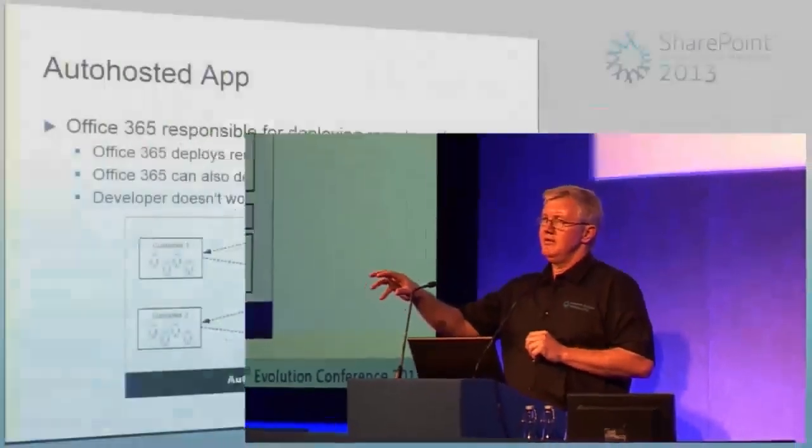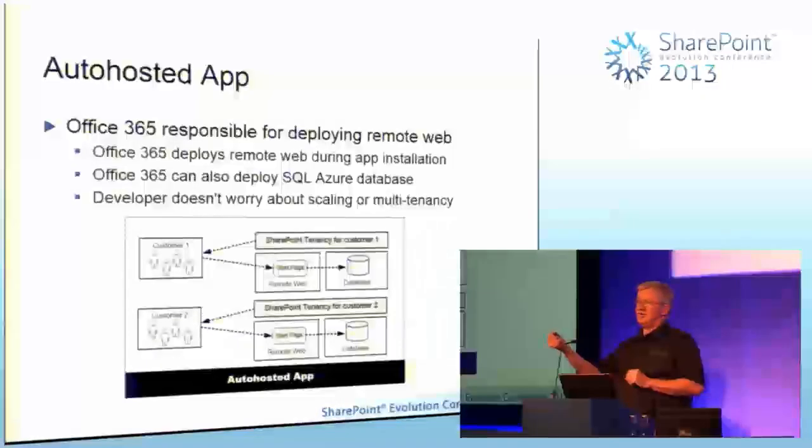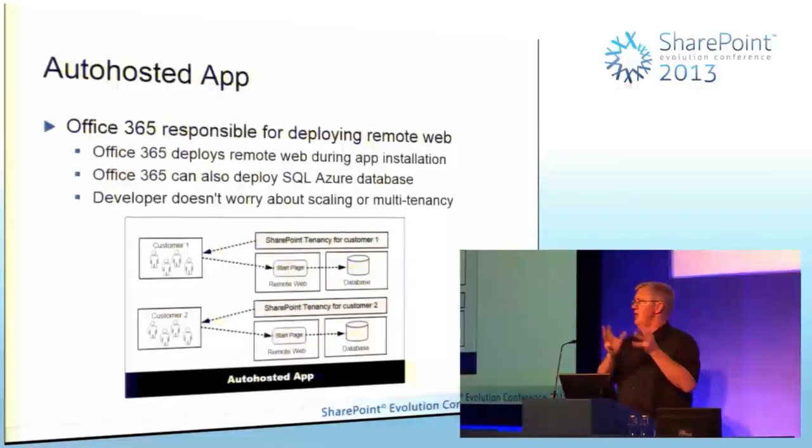But the idea is that when I package up my app, not only does it have the stuff to install the app into SharePoint, it also has an ASP.NET project for the remote web. And so when I install it up into the Office 365 environment, it's able to reach into the app packaging, get the information, basically the start page and all the related files, and then there is a private integration between Office 365 and Windows Azure.